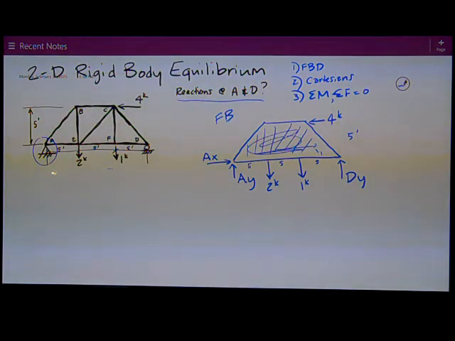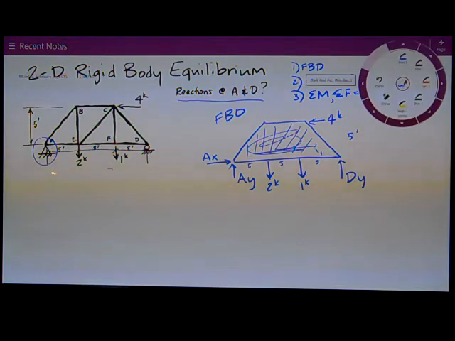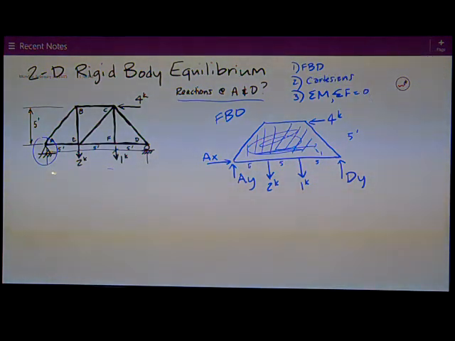Therefore, I'm ready to move to step 3, which is to sum moments about a point to eliminate unknowns. So I can choose either point, and let's sum moments about point A to eliminate AX and AY. So I've got an equation that looks like this. Sum of moments about point A, as I always do.